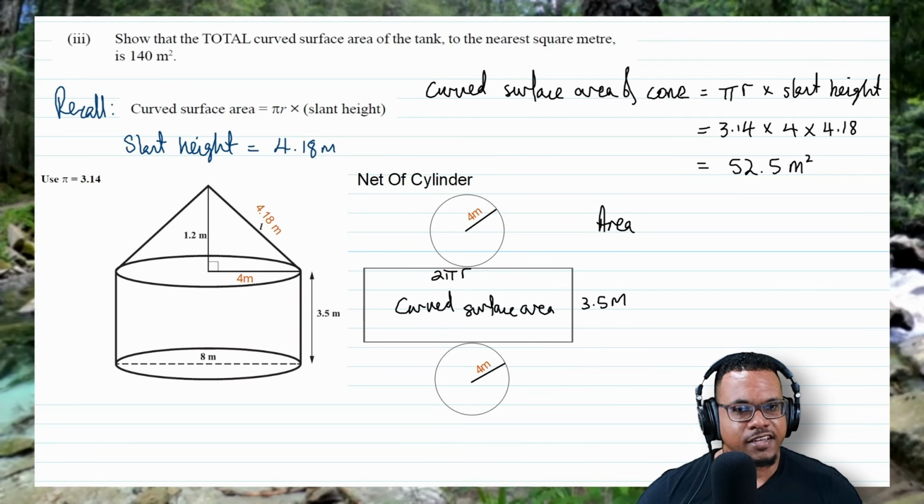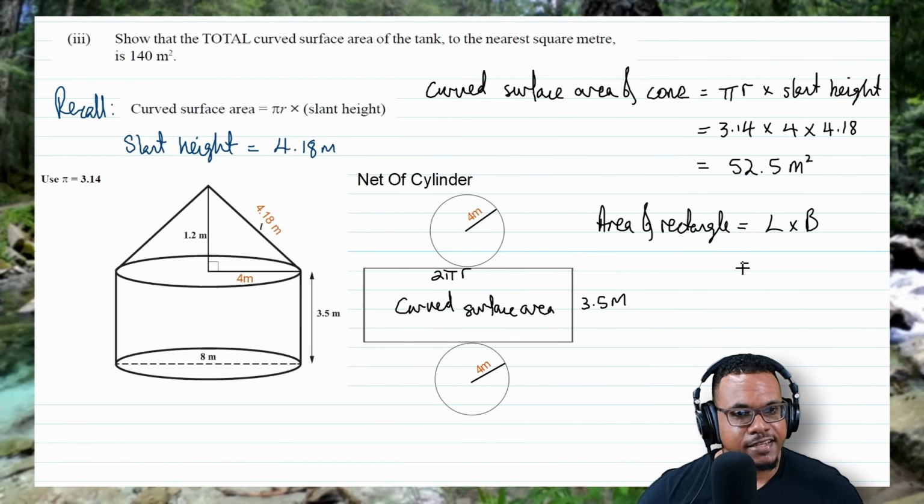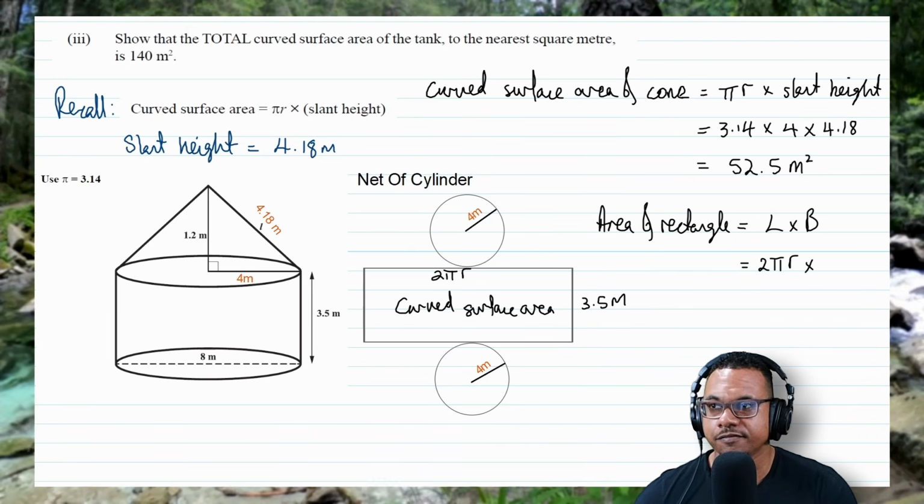So the area of the rectangle will be equal to length times breadth, or length times width. And the length is the circumference of the circle, which is 2 pi r, times the width. And the width here is 3.5.